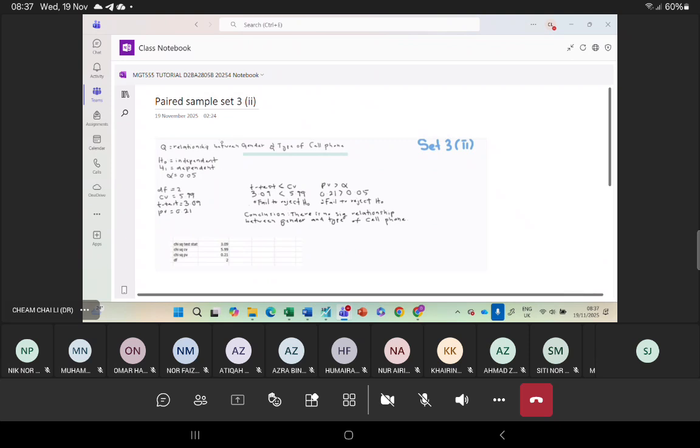So is this the hypothesis for paired sample? Looking here, the relationship between gender and type of cell phone, this is not a paired sample, right? Gender and type of cell phone. This is like what we did in the hands-on for chi-square, right?